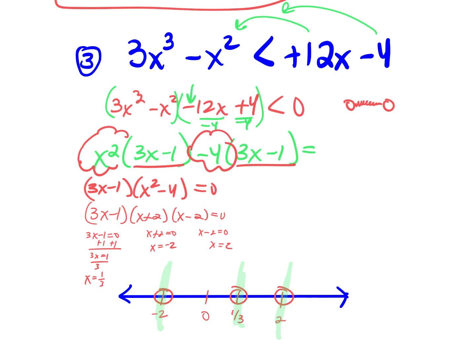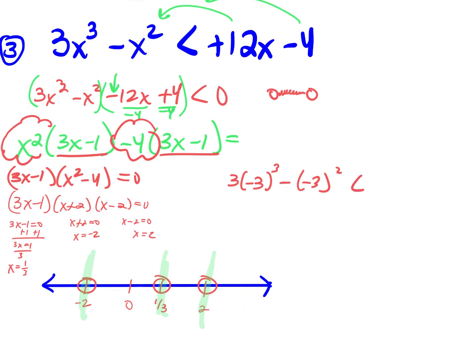Yes, but that's okay. 3 times negative 3 cubed minus negative 3 squared less than 12 times negative 3 minus 4. What is negative 3 cubed? Negative 27 times 3 is negative 81 minus, what's negative 3 squared?